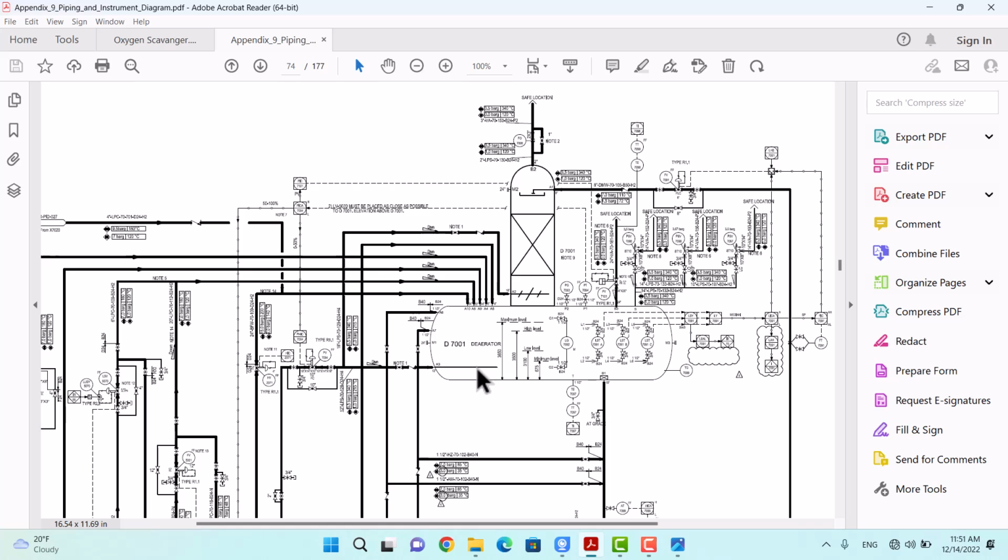After giving some of its energy to the water surrounding those spargers and distributors, it travels to the upper point of the deaerator.